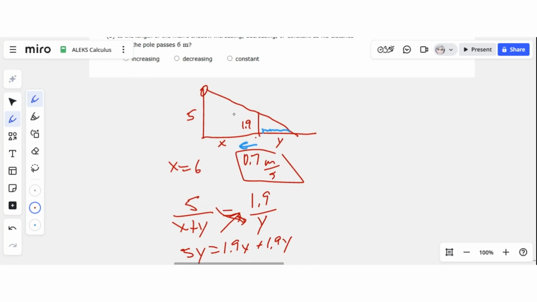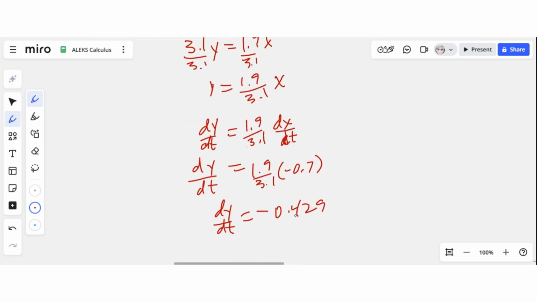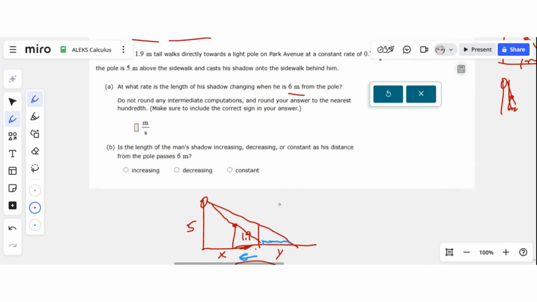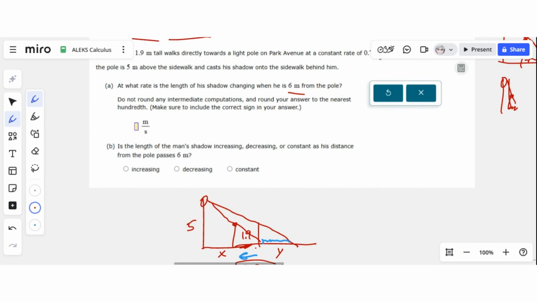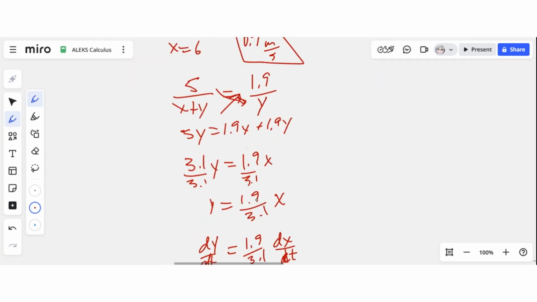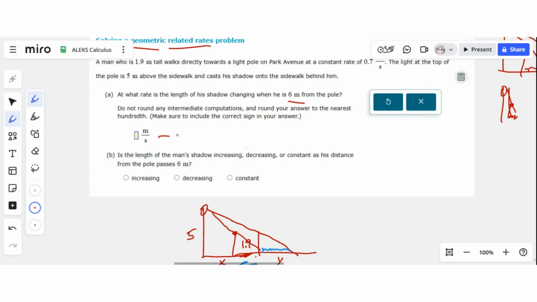Well, yeah, because as the guy walks forward, that angle changes and the length of the shadow gets smaller than it was before. We want the answer to the nearest hundredth, so we'd put negative 0.43 in here, and the length of the shadow is decreasing.